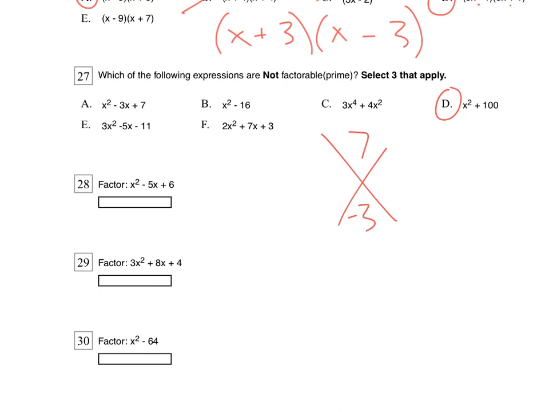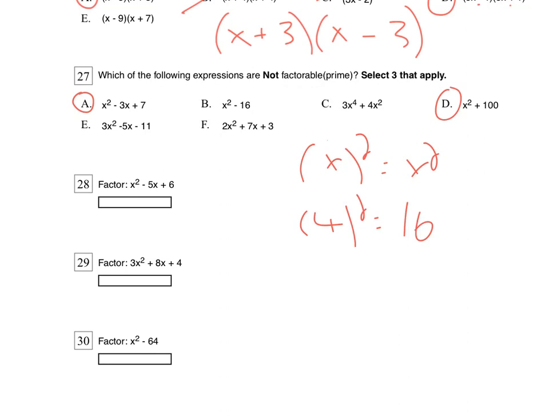There's nothing that does that, so that would be prime as well. Our B is a difference of squares. What squares to give me x squared? Well, that's x. What squares to give me 16? That is 4, so then I can write that out. So that one is factorable, so that doesn't work.